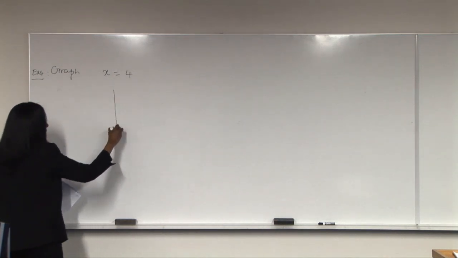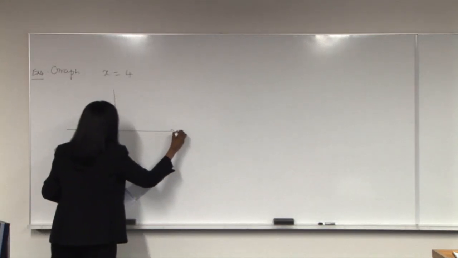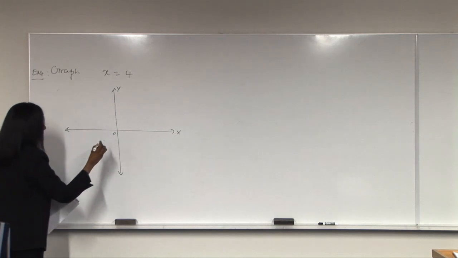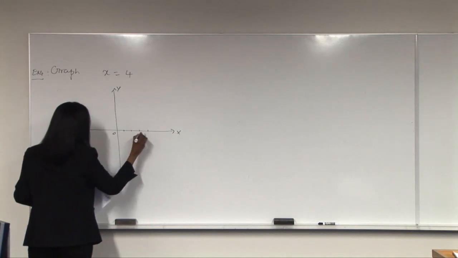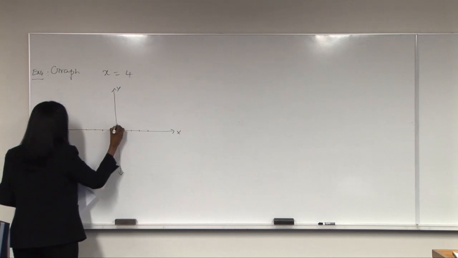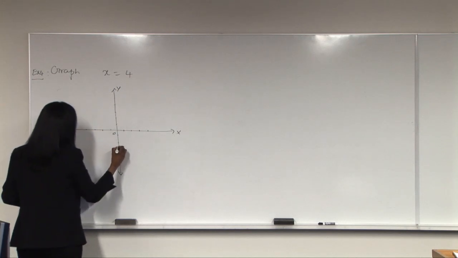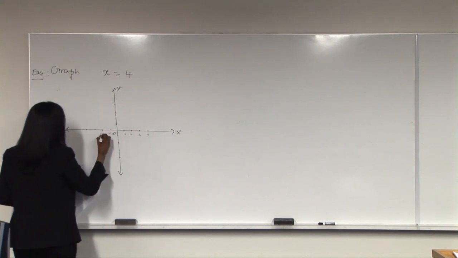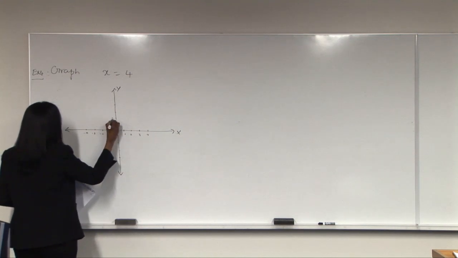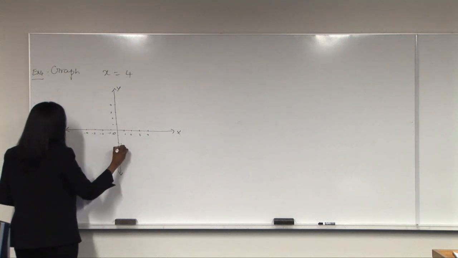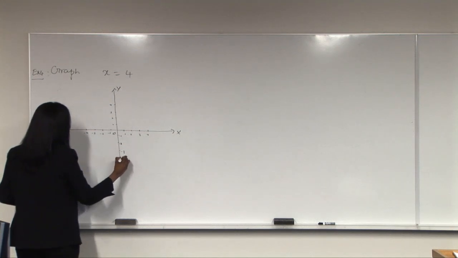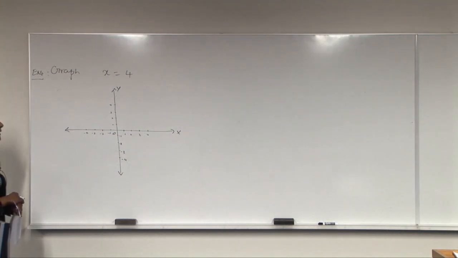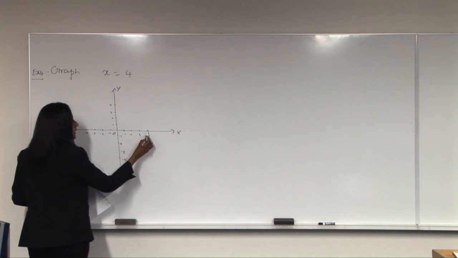So what you do, draw the x-axis, y-axis, and let's do this. x is equal to 4. So where x is 4? 1, 2, 3, 4. x is equal to 4.